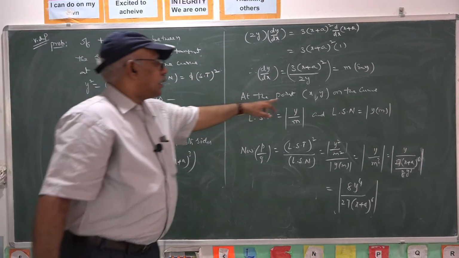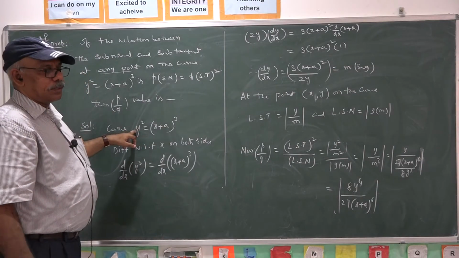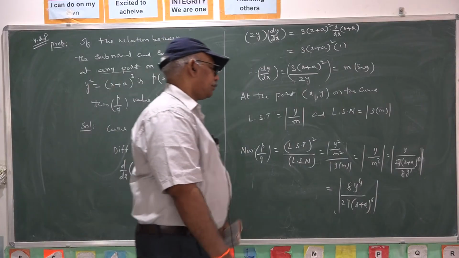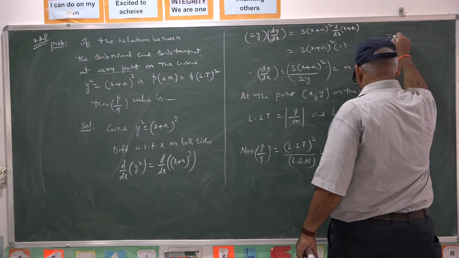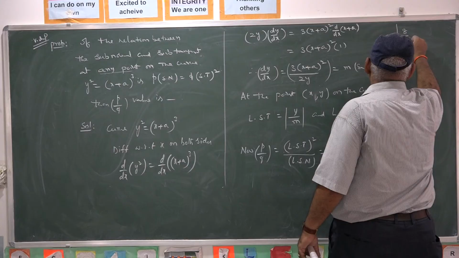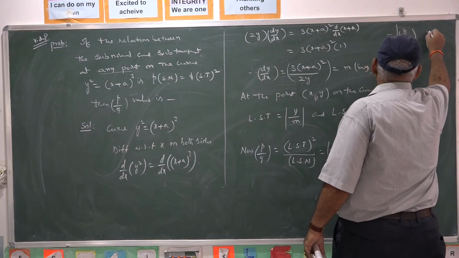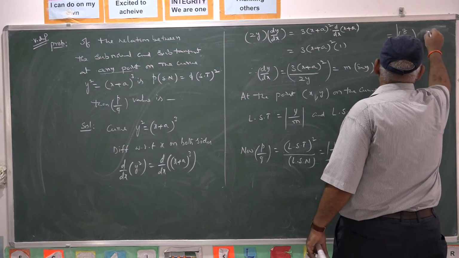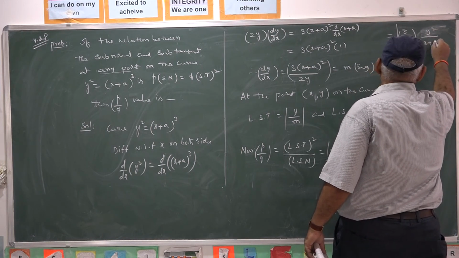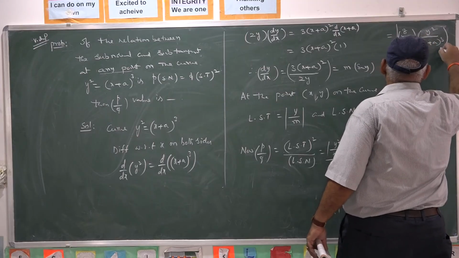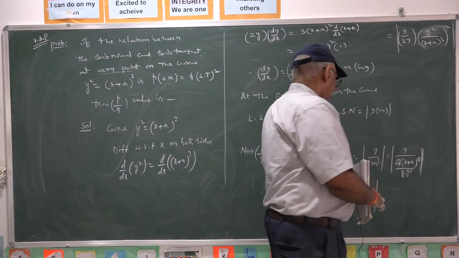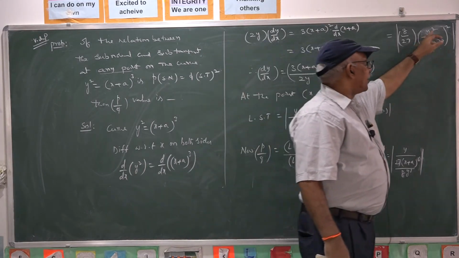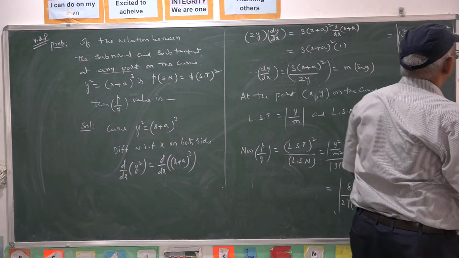But the point x comma y lies on the curve, hence y square equal to x plus a whole cube. Therefore, that is equal to modulus of 8 by 27 into y square whole square by x plus a cube whole square, y power 4 by x plus a whole power 6 is y square by x plus a whole cube whole square.